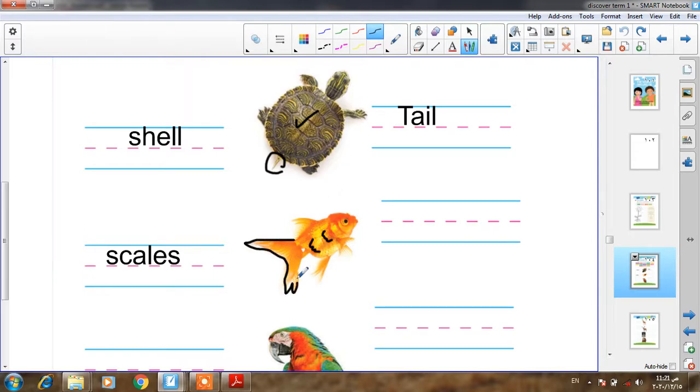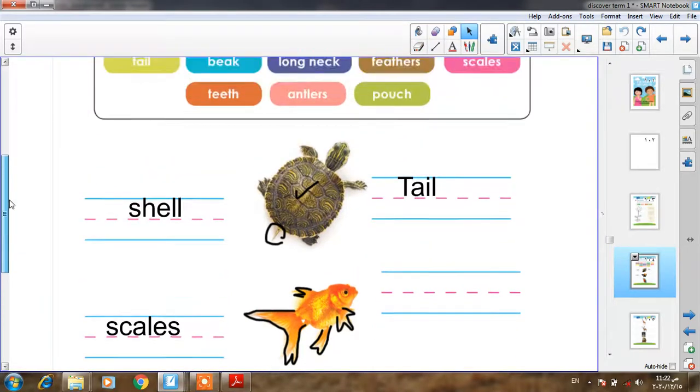That's called fins. Do you see this? All of this is called fins. So this fish has what and what? Scales and fins.